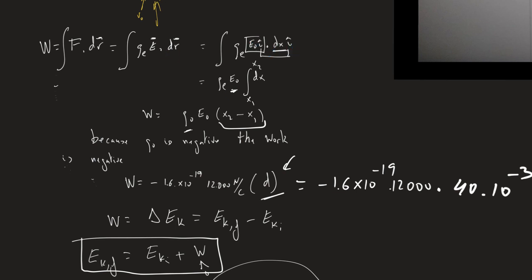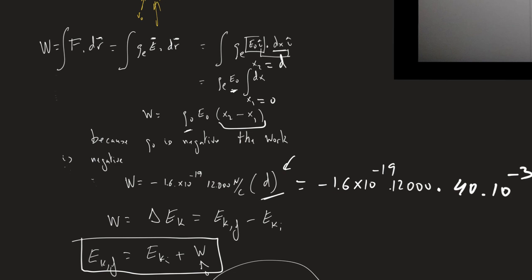If I make the integral, which will be very helpful for you to do because it's related to the potential and potential energy, it is Q times E times the integral from one point to the other, from x1 equals 0 to x2 equals d, the distance between the plates.